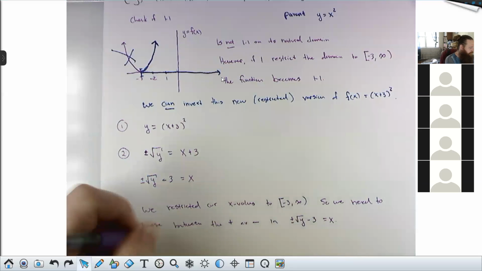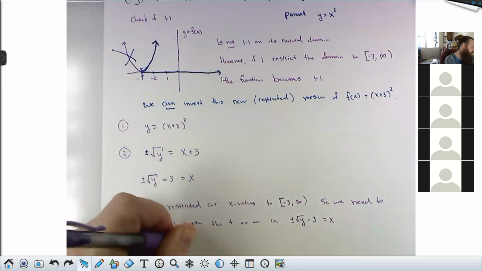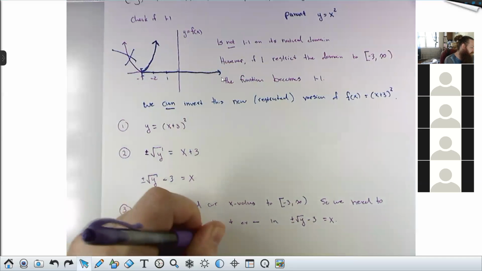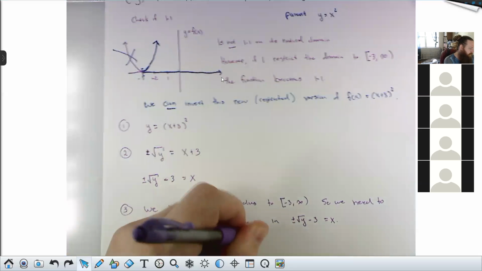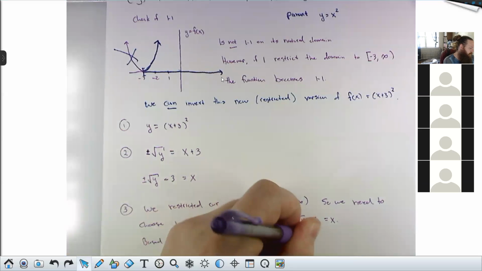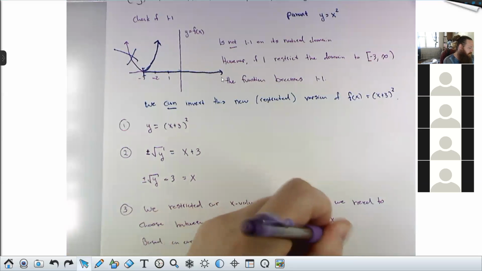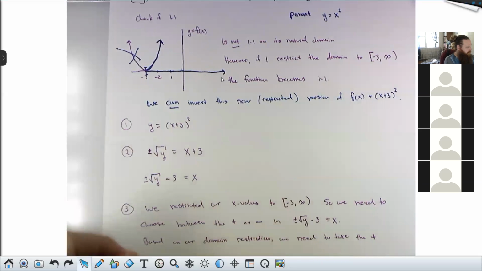So, based on our choice, based on our domain restriction, we need to take the plus.